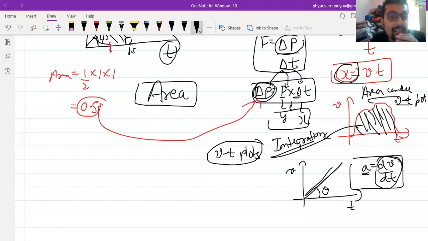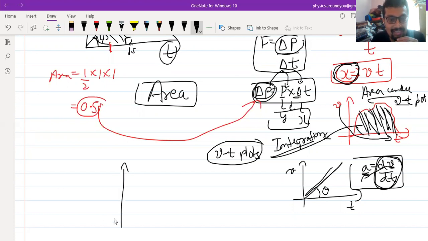If you find the derivative of velocity, you will get acceleration. If you find the integral of velocity, you get area, and area in turn is nothing but position.